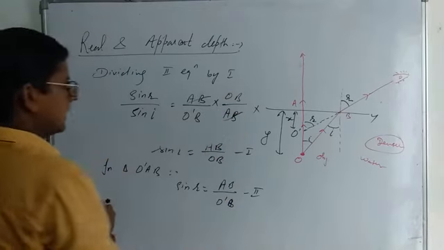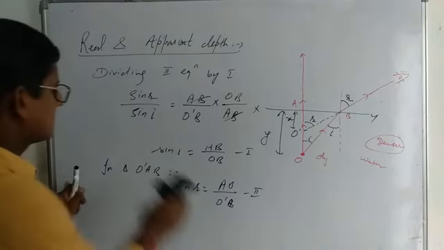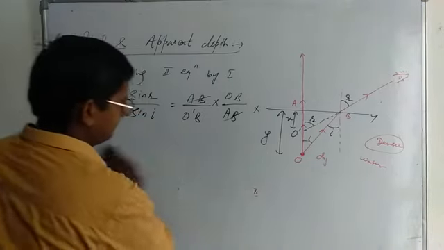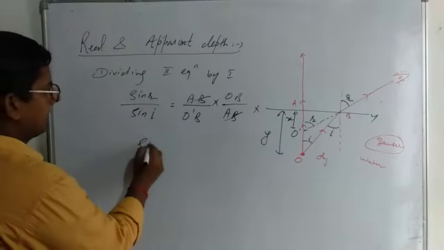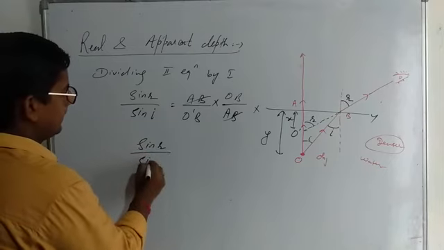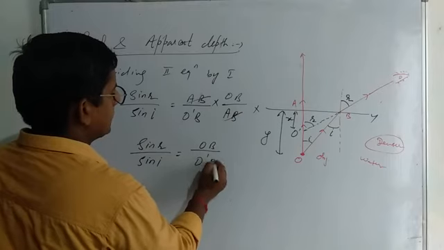AB and AB cancel out. So what did you get here? Sine of R by sine of I is equal to OB by O dash B.